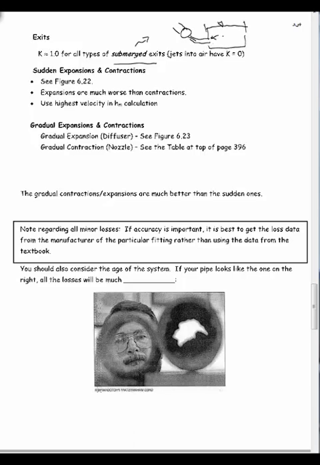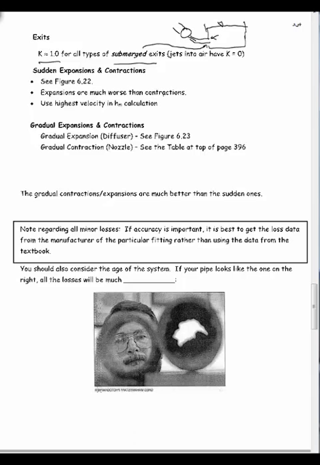This is a submerged exit. Whereas into air, if it's just shooting off into air, K is 0. If it is a submerged exit, just use K = 1. You don't have to look that up in a table. Just use K = 1.